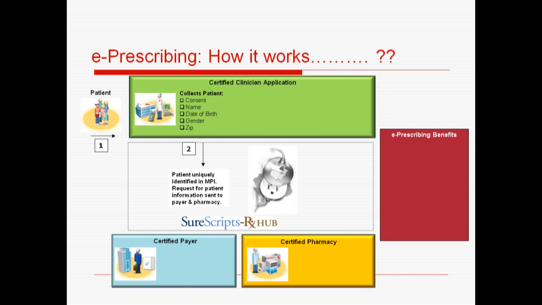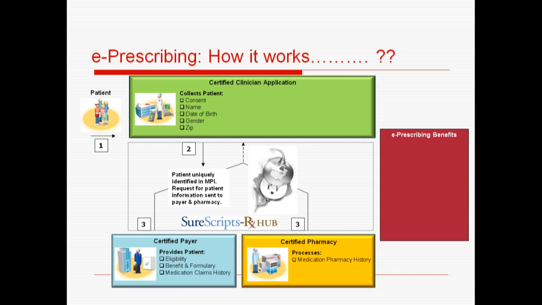The second step moves from this certified clinical application to SureScripts or RX Hub, which are basically the electronic prescribing agencies. The patient is uniquely identified in the MPI and a request for patient information is sent to the payer and pharmacy.